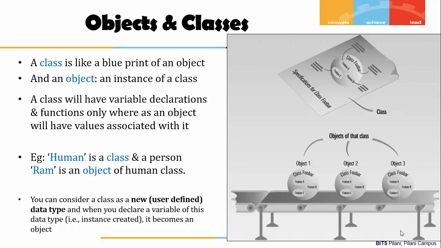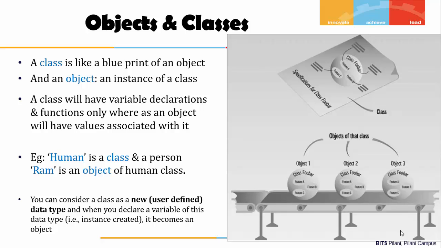A class will have variable declarations and functions only. So a class will have all the declarations of variables and member functions, whereas an object will have the values associated with that.